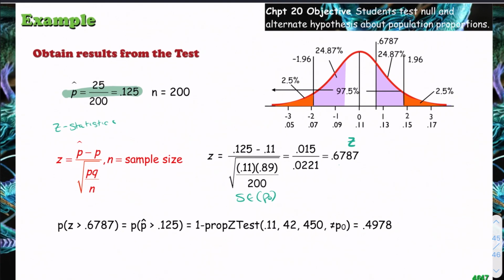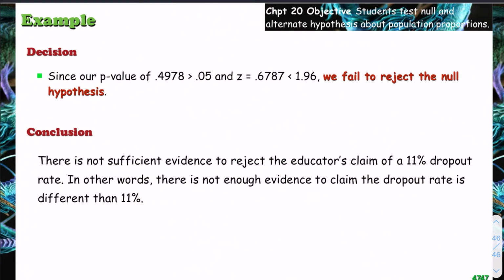So we're asking, what is the probability that we get this? From our one prop z test, we got 0.4978, or roughly a 50% chance that 25 seniors out of a different sample of 200 drop out. Now we're going to compare. Is 0.4978 less than 0.05? Nope.